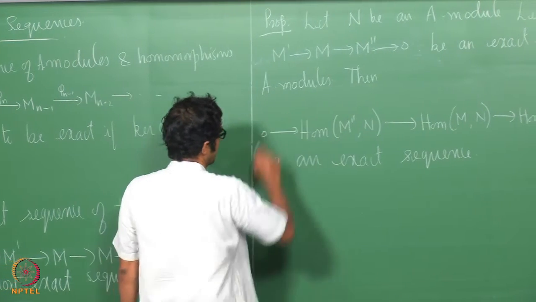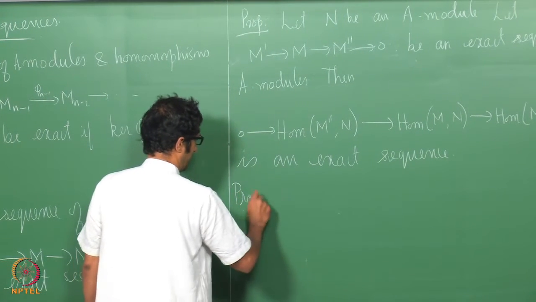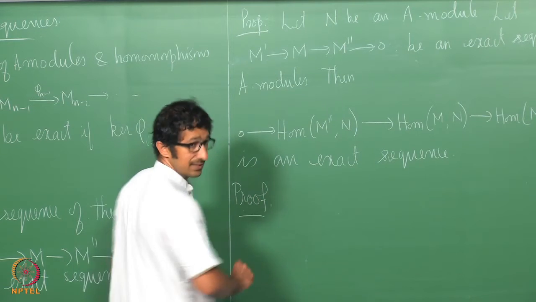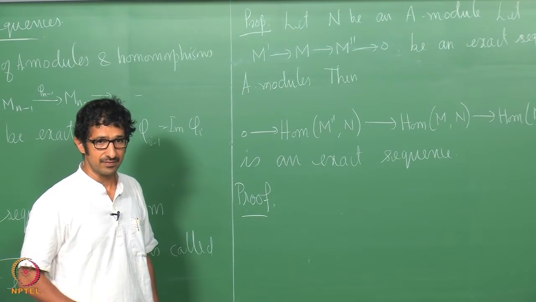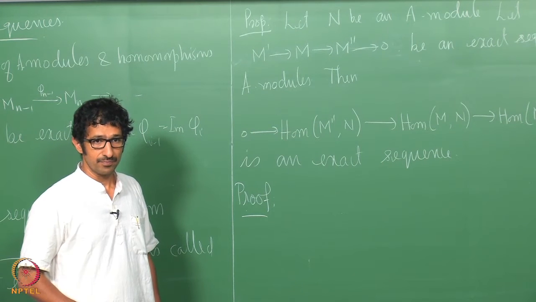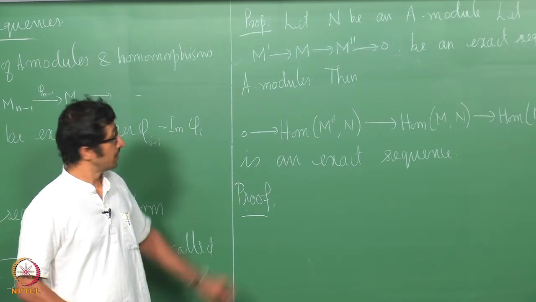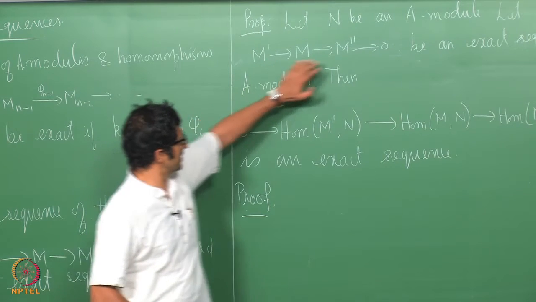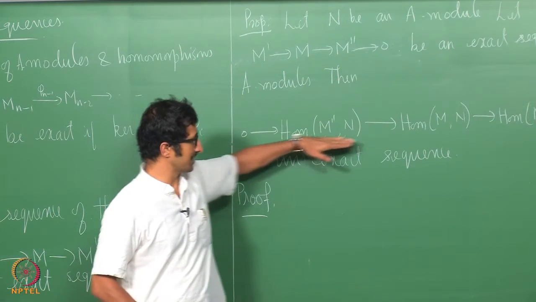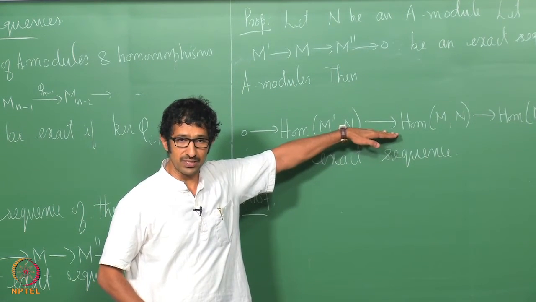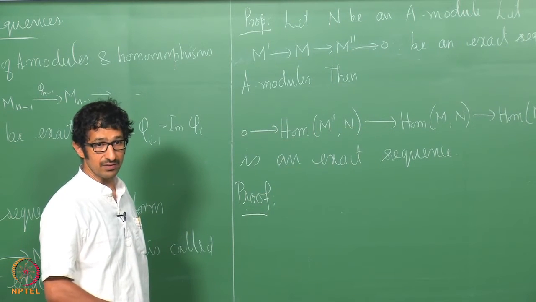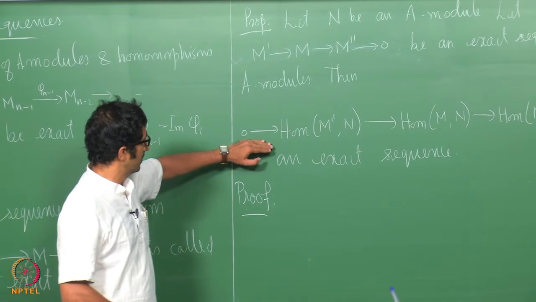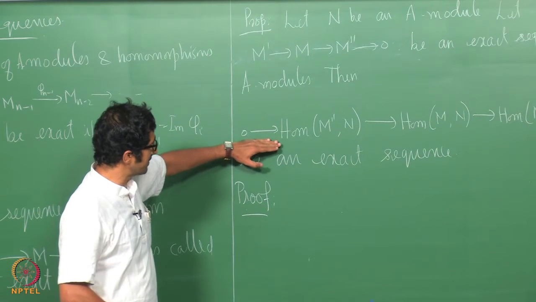Okay. So let us try to prove this. If this is exact, then you can prove that this is left exact. I am saying that in this proof we record the injectivity of the above map.